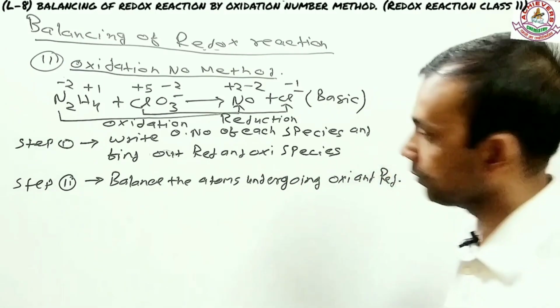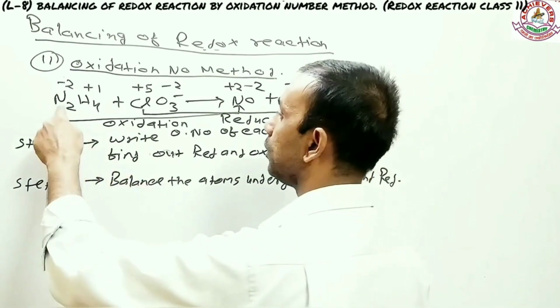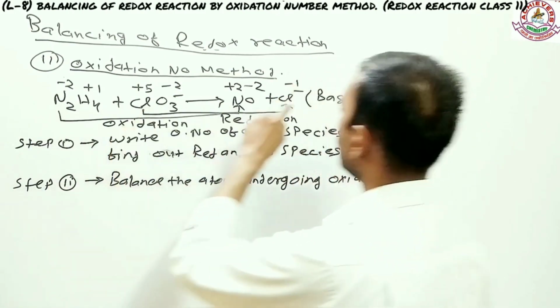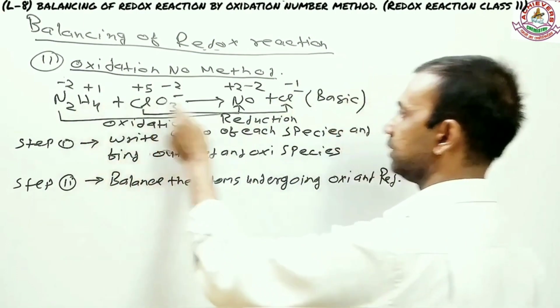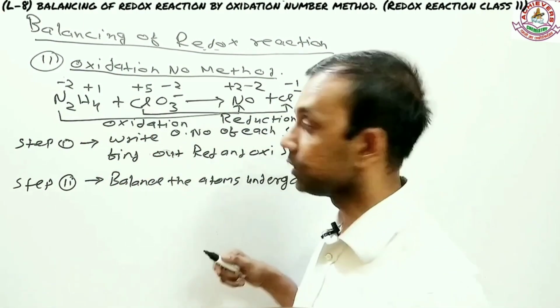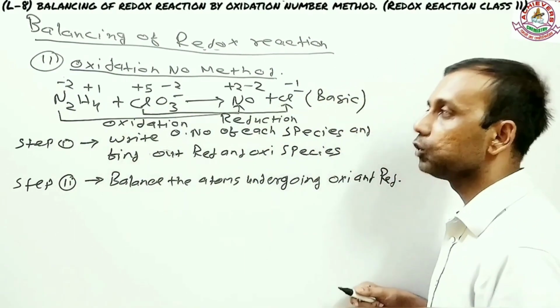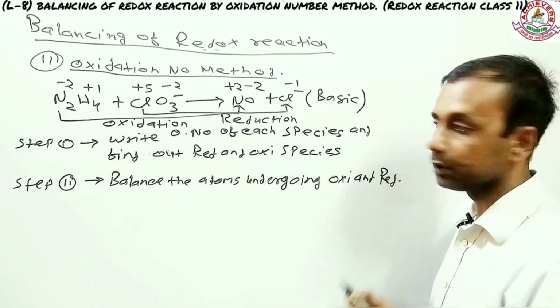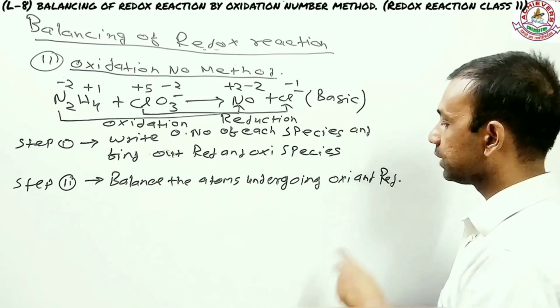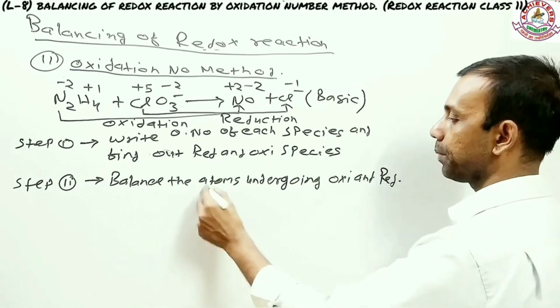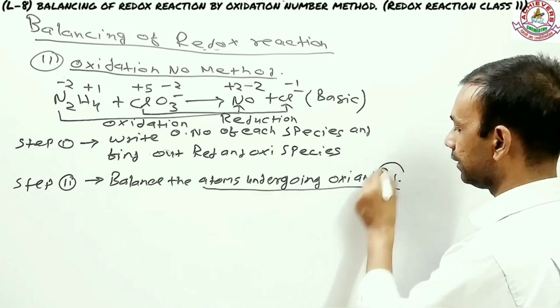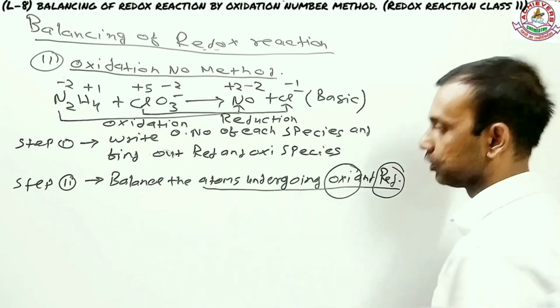You need to remember here that we will be concentrating only on nitrogen and only on chlorine, not on hydrogen, oxygen and all. We have nothing to do with hydrogen and oxygen right now, because if you do, you're going to get confused. So concentrate on the atoms undergoing oxidation and reduction. Only these have to be focused on.